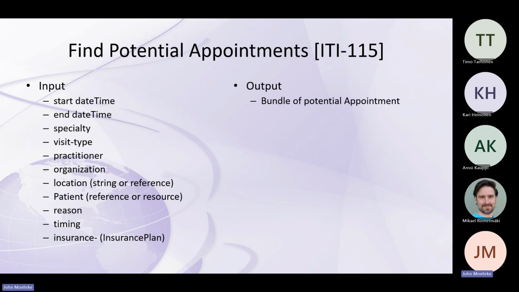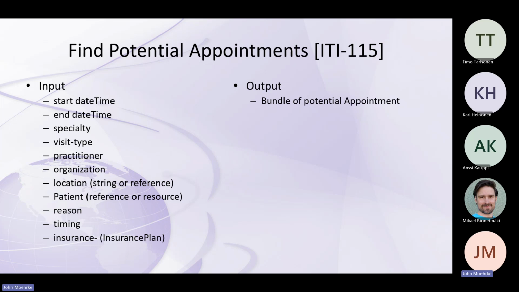There isn't an algorithm that says what is the best. We leave that up to business rules, but we do define the input parameters. The start date and end date are the period of time within which the appointments need to sit. So between today and 10 days from now; I don't want something after 10 days from now.